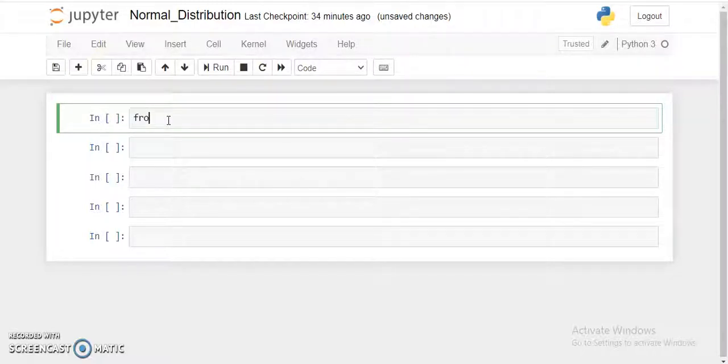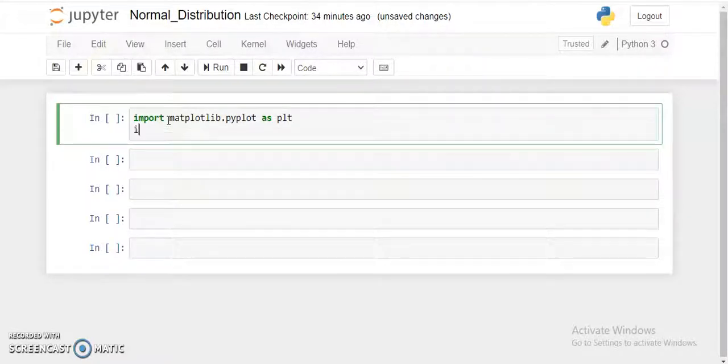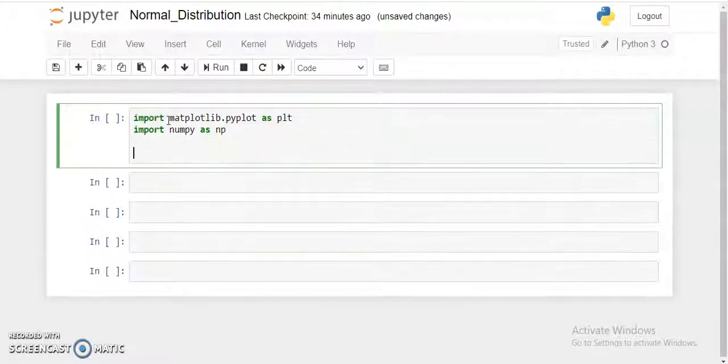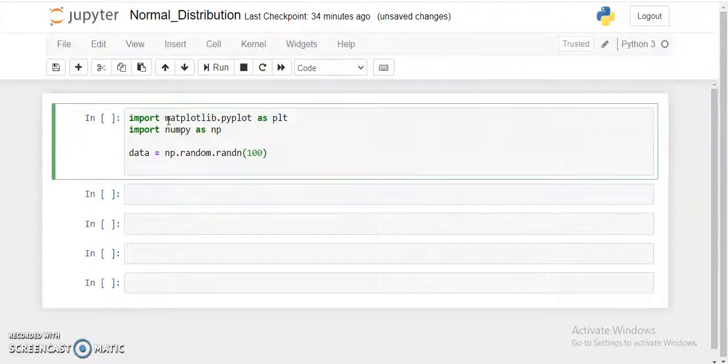For that I'll be importing matplotlib.pyplot as plt, and for data I will be needing numpy, right? So data would be np.random.randn, and we'll be getting data of 100 entries, right?